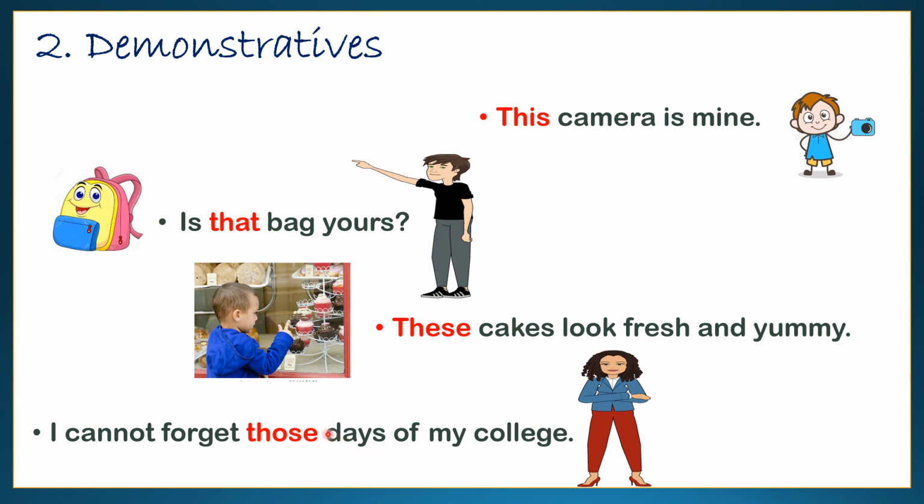To represent past time we can use those, and if we are talking about the present, we can use these days. So when we say these days we are actually representing current time, but when we say those days we are actually talking about our past.